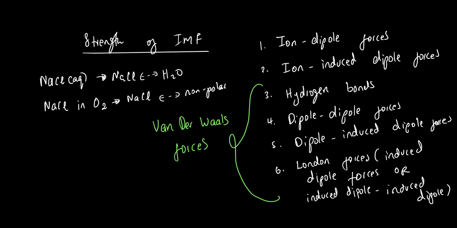So here's the thing: hydrogen bonds are still dipole forces. If you remember the list I once gave you, I put hydrogen bonds at the start, then ion dipole, and then dipole.